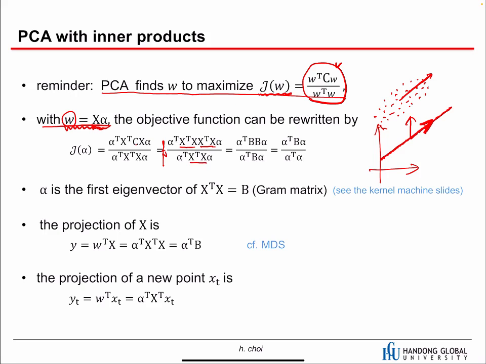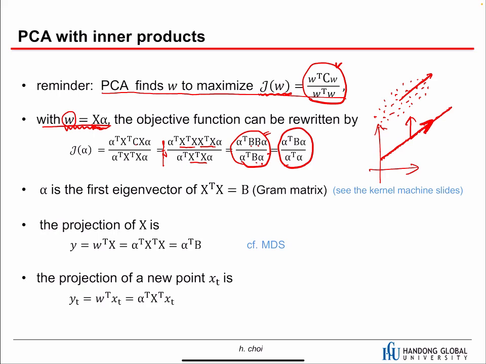So instead of C, now we have two B's and one B. This one is our new objective function, and the largest eigenvalue is the value of this one, and its eigenvector and eigenvalue are exactly the same as this one.